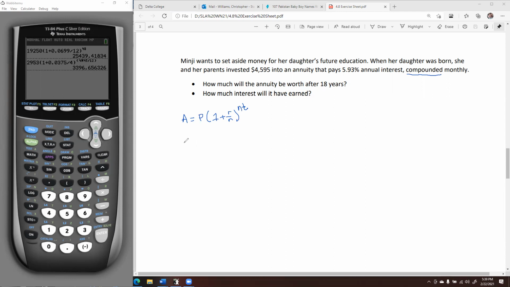And our variables, we have our P, that's going to be the 4,595. The R variable is going to be 0.0593. Our N, we're compounding monthly.